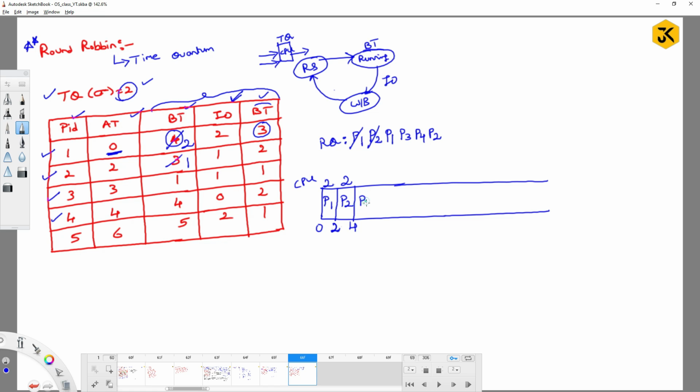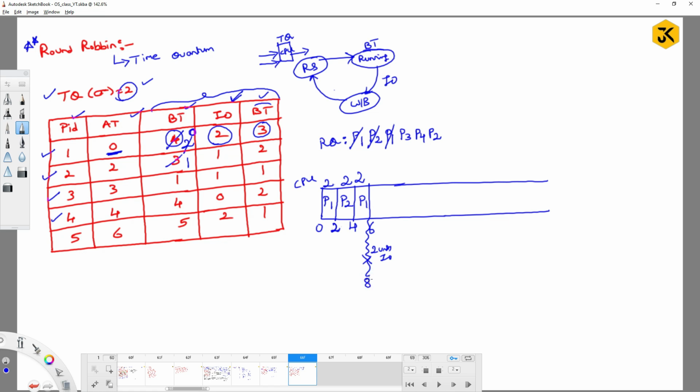Now P1 gets the chance, executes for 2 units of time, and completes by 6. As it completes 2 units of time, it is left with 0 burst time. 0 burst means here it requires an IO operation, which means it will come back after 2 units of IO operation.